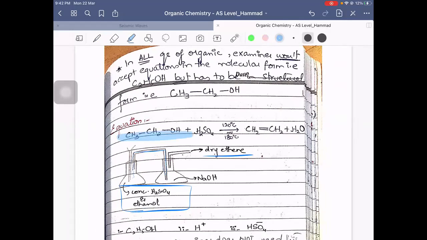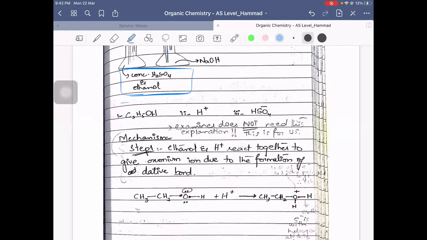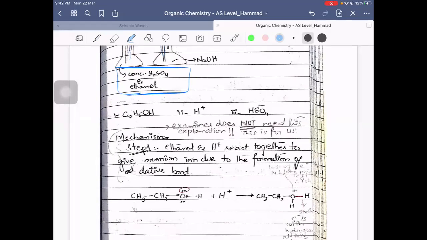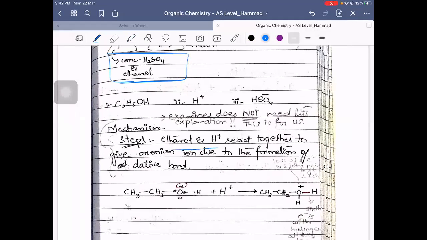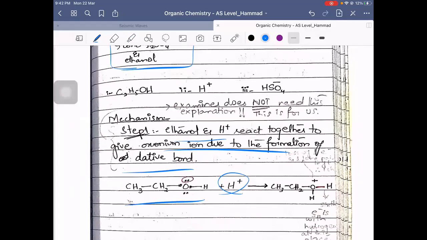So if I had this equation for ethanol using H2SO4, right, I get ethene plus H2O. The mechanism for this exact equation goes like this. Step 1, ethanol and H+ will react together to give oxonium ion due to the formation of a dative bond. So ethanol and H+ from H2SO4.